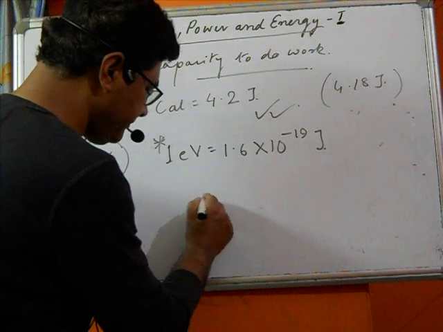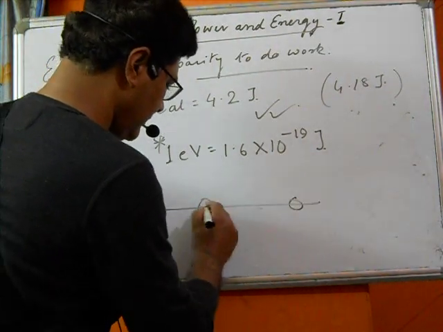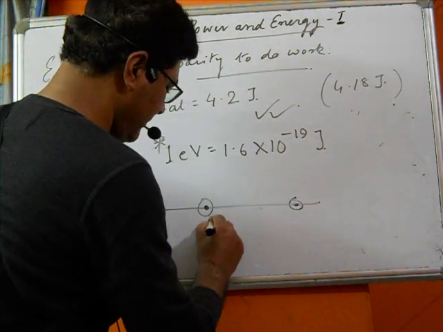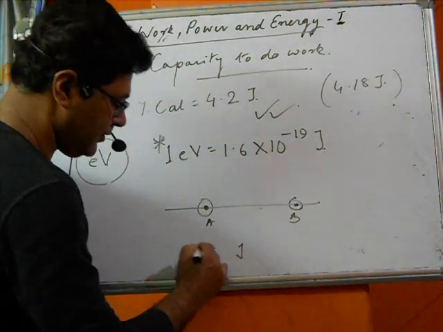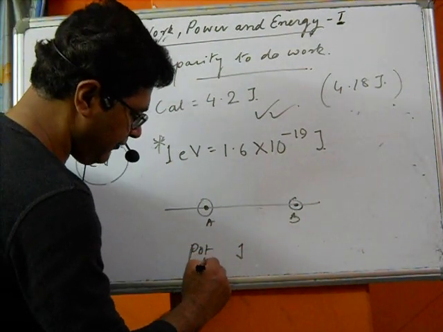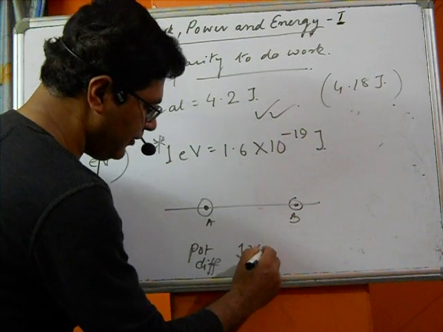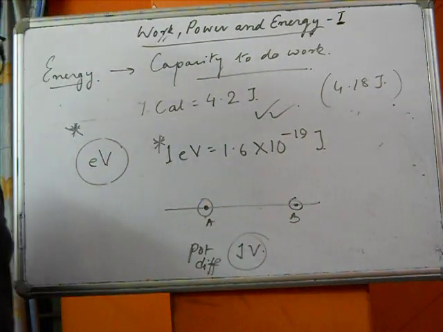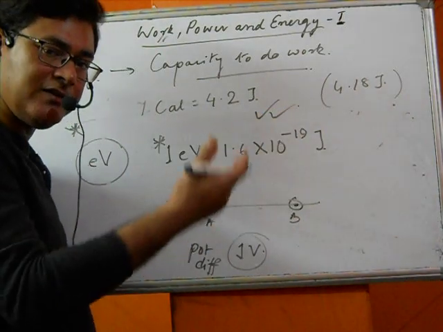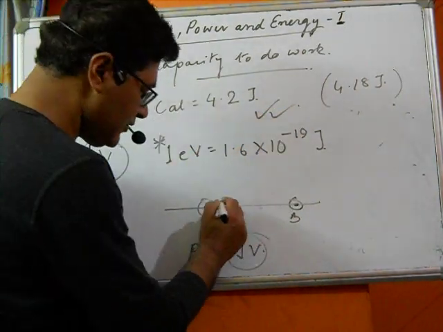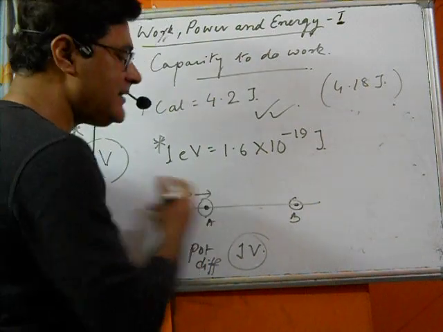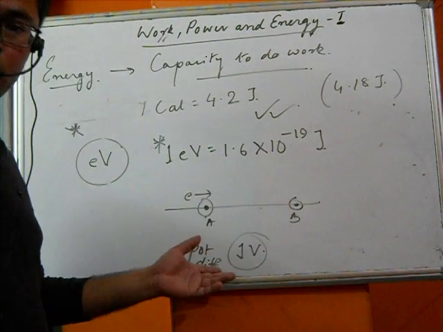Suppose I have 2 points A and B, and I have given a potential difference of 1 volt between these 2 points. Whenever electricity flows, it is because of the flow of electrons. So whenever the electron is flowing, it is accelerating because of this potential difference.